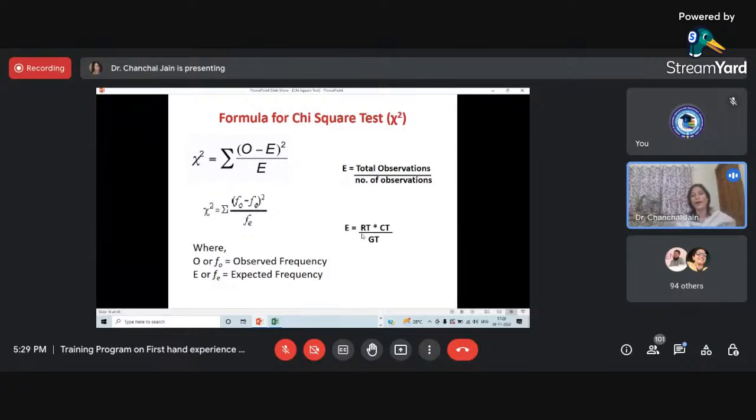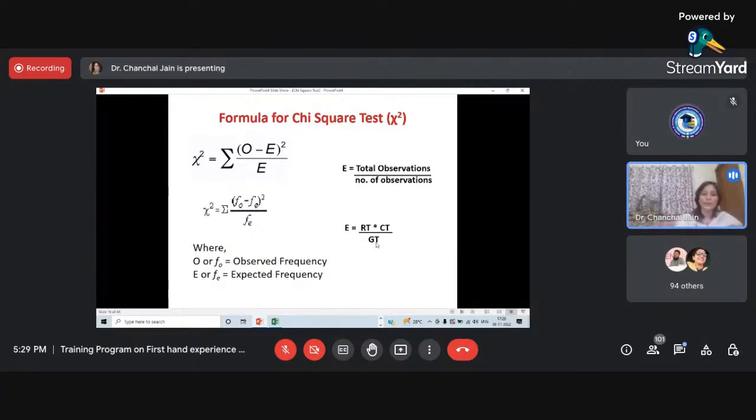If we are going for the one sample chi-square test, we can use this particular formula to calculate E. For the two sample chi-square test, this is the formula for calculating E, where RT is the row total, CT is the column total, and GT is the grand total.